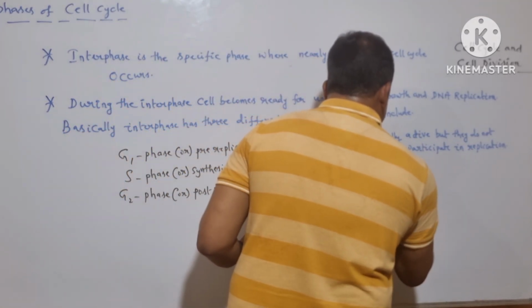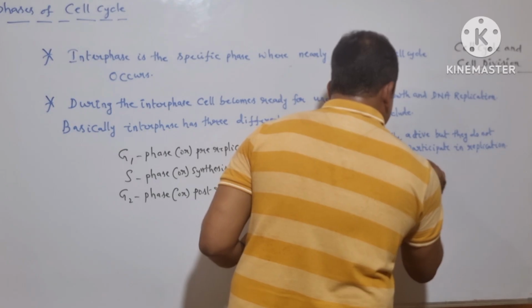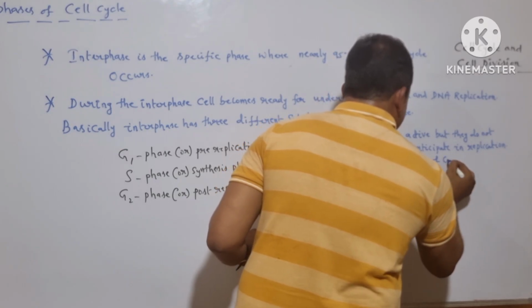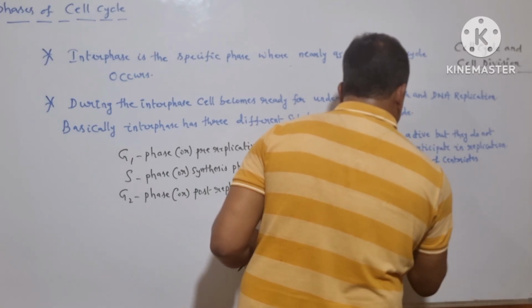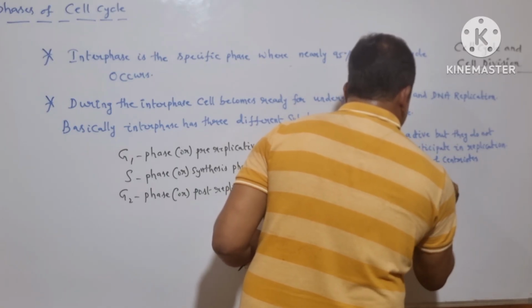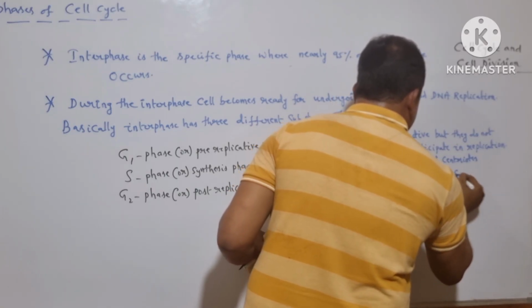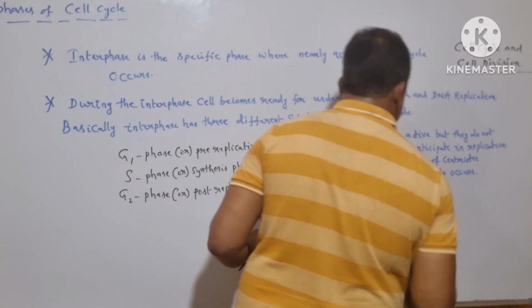Duplication of centriole in animals occurs during the S phase, right?